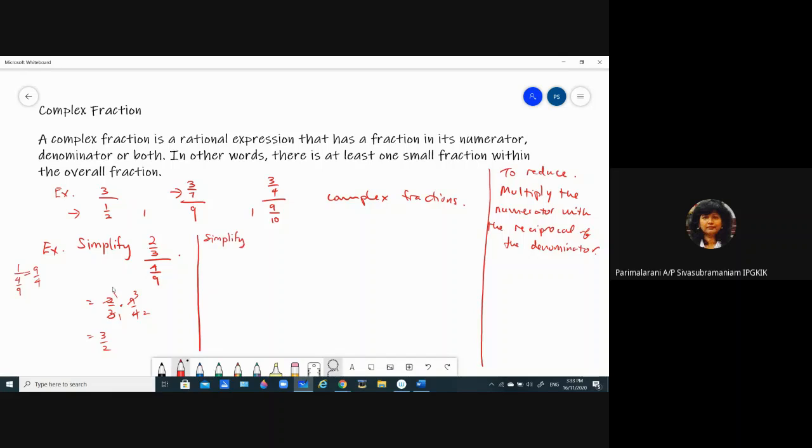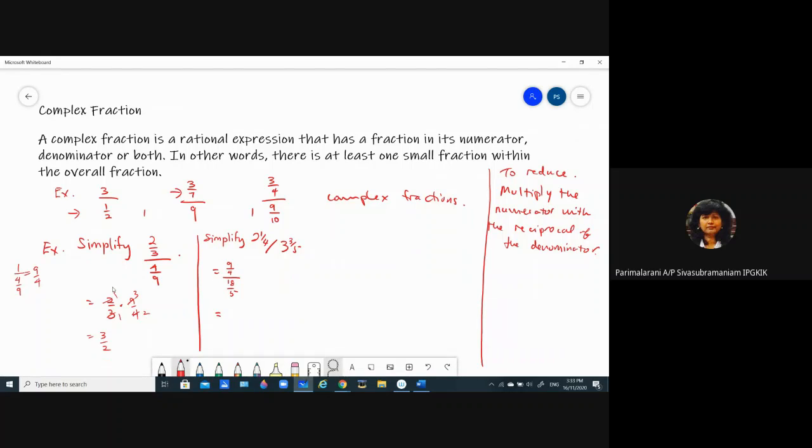Simplify 2 1/4 over 3 3/5. First step, change it into improper fractions. You have 9 over 4 over 18 over 5. Change this to fraction, change this to fraction.